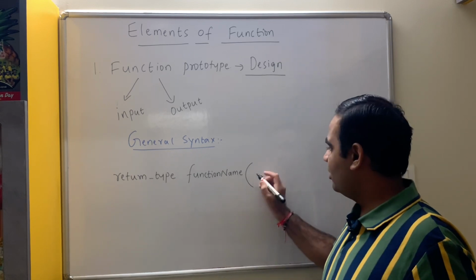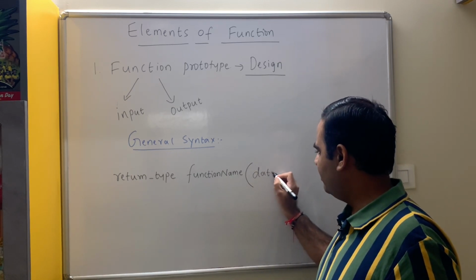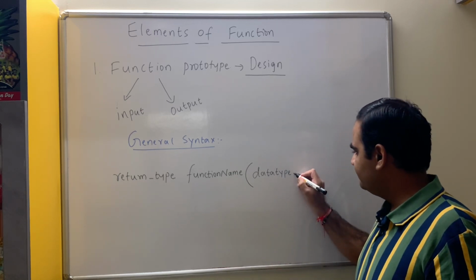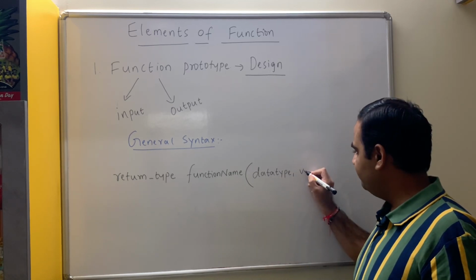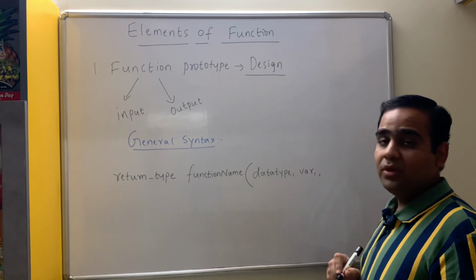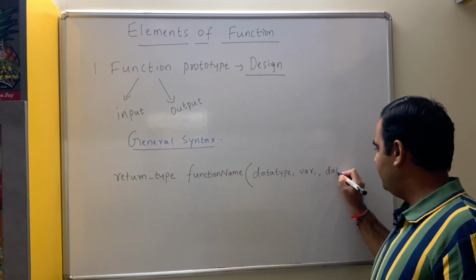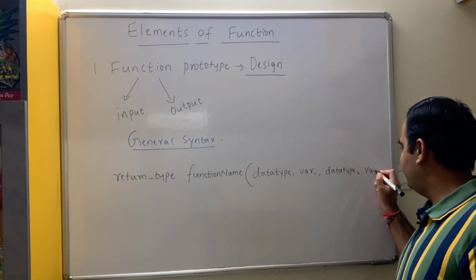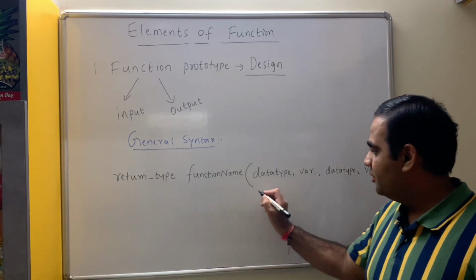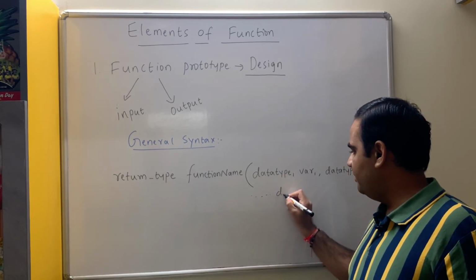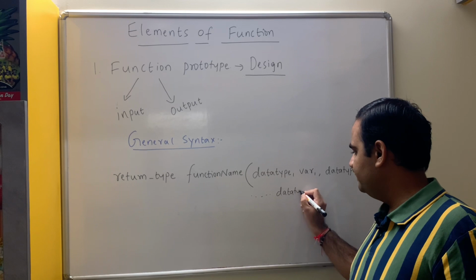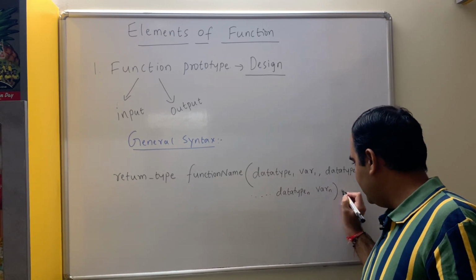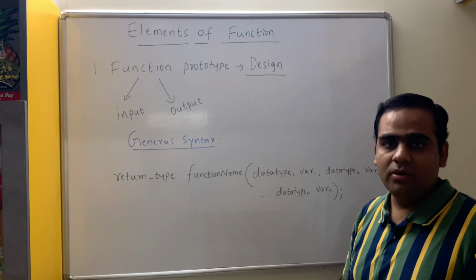Now we will see what the parameters are. How do we write the parameters? We say data type. It can be any data type. Let me call it data type 1, variable 1, comma, data type 2, variable 2, comma, dot dot dot, and it can be data type n, variable n, and at last you give a semicolon.